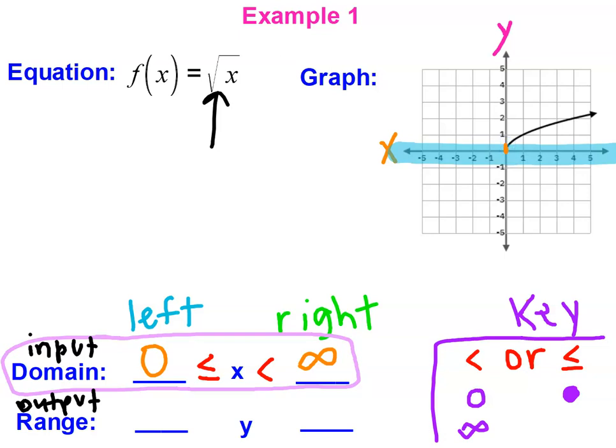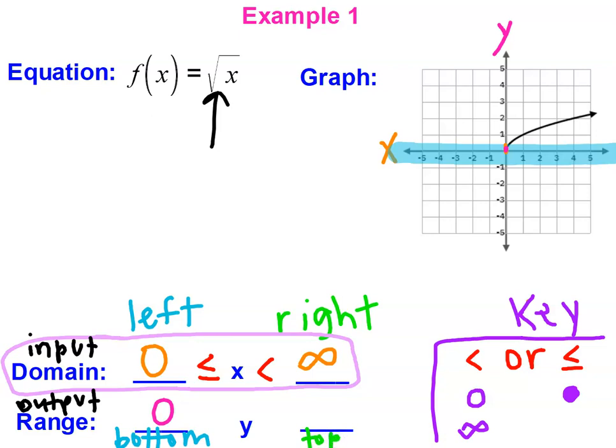So for the range, it's going to start at 0. And I'll do this in pink to show y values, okay? Because the bottom most y value on the graph is 0, that's where our range is going to start. So if you want to think of this as the bottom, we're going to go bottom to top now when we're looking at range.